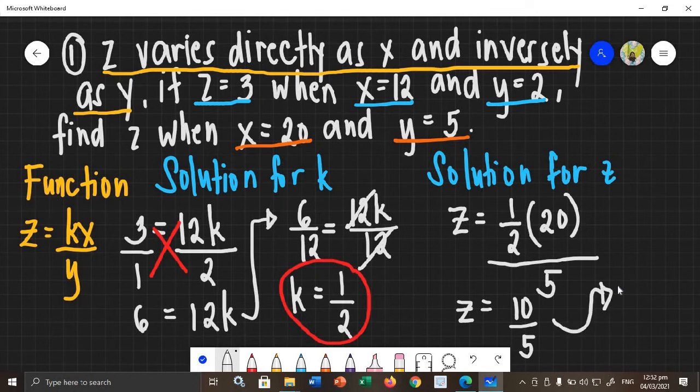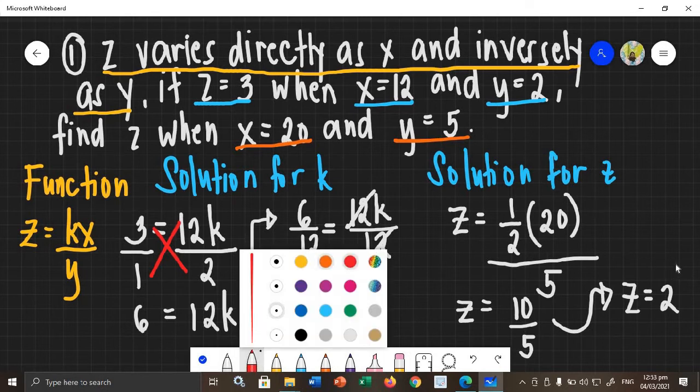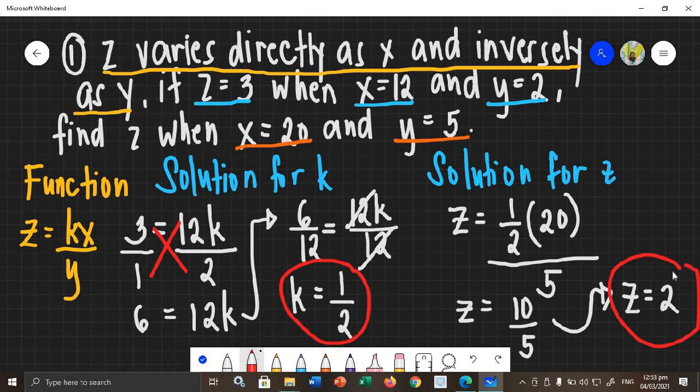If we simplify 10 over 5, that will be equal to 2. 10 divided by 5 is equal to 2. Therefore, we now have our answer, which is 2. So, the value of the constant of variation in this problem is 1/2, and the value of the unknown or the value of z is equal to 2.